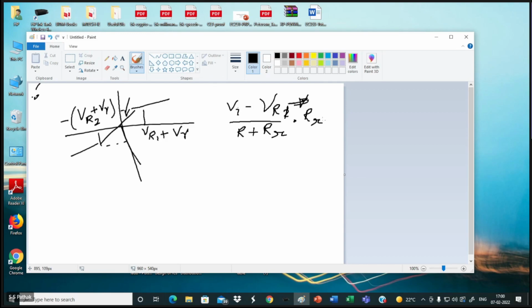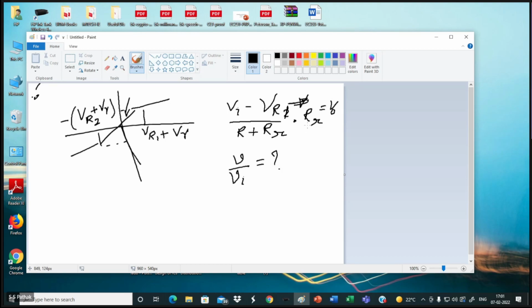That is the voltage V naught. So this becomes my V naught. V naught by VI I have to compute here, by substituting the values of VR, RR, etc. It will be a linear relationship. I can get that. Okay.